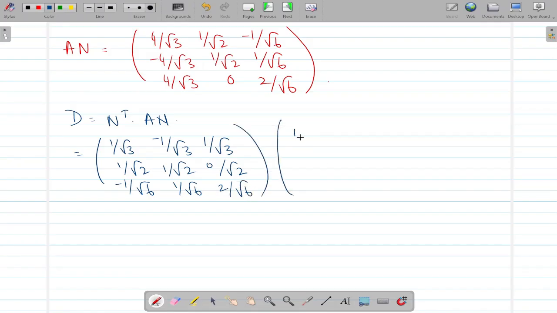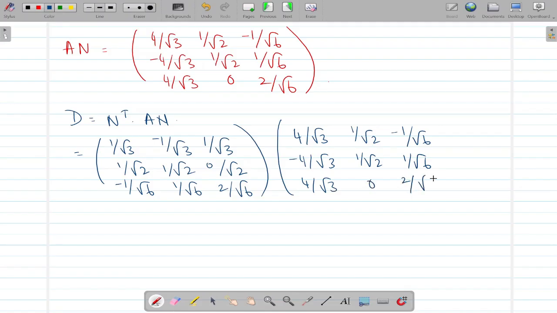Multiply with AN: 4 by root 3, 1 by root 2, minus 1 by root 6, then minus 4 by root 3, 1 by root 2, 1 by root 6, 4 by root 3, 0, 2 by root 6. So now you take the first row of N transpose, multiply with the first column, then second column, then third column of AN. Then you take the second row of N transpose, then multiply with the first, second, and third column of AN. Then you take the third row of N transpose and do the same.